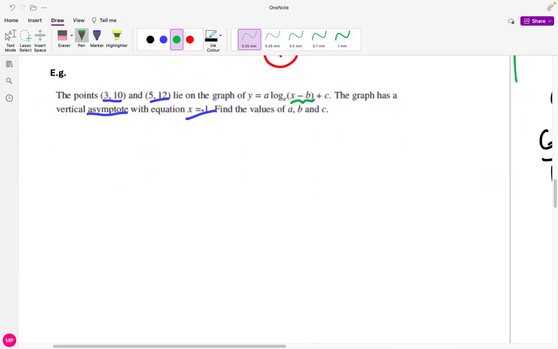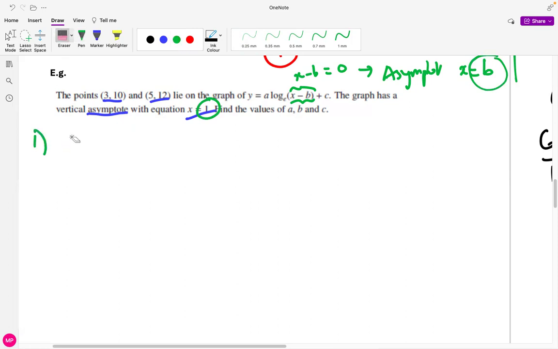So if you let x minus b equal 0, you would have the asymptote is x equal b, right? And they tell you the asymptote is x equal 1. So for sure, 1 is technically b. So we know the b value will be 1.